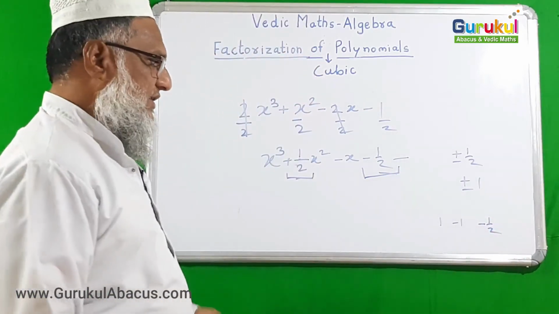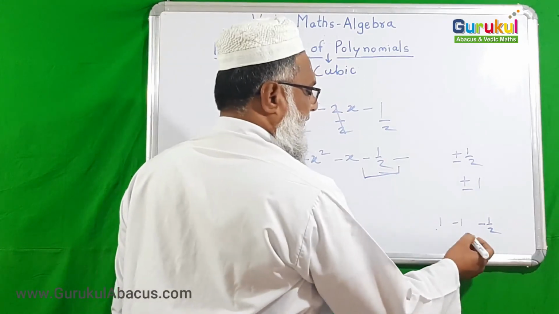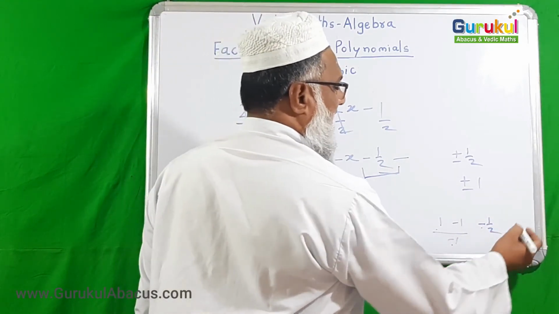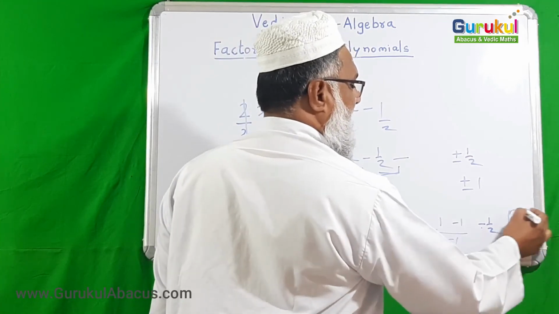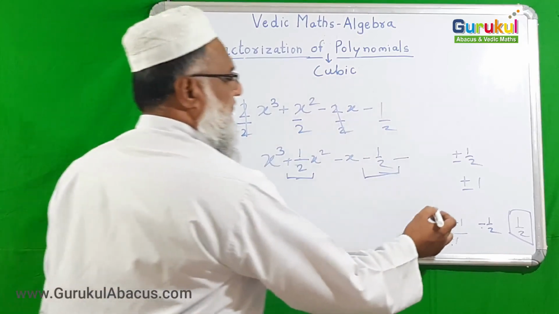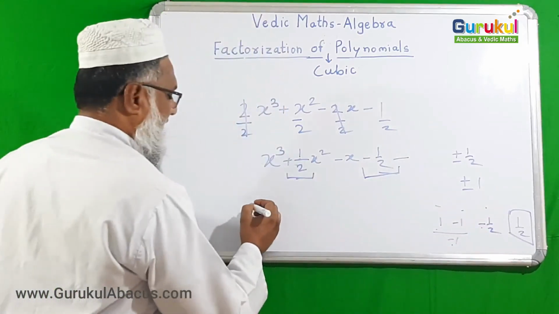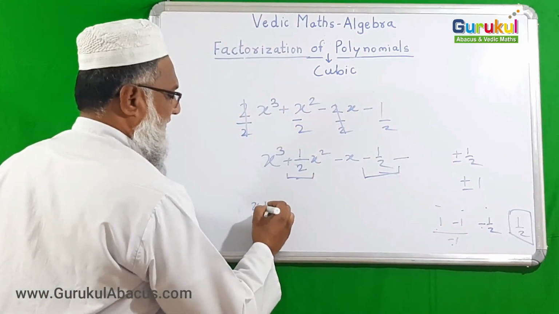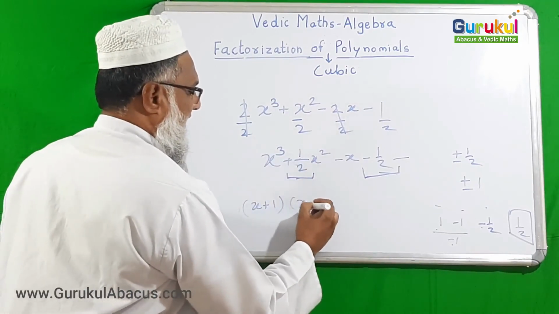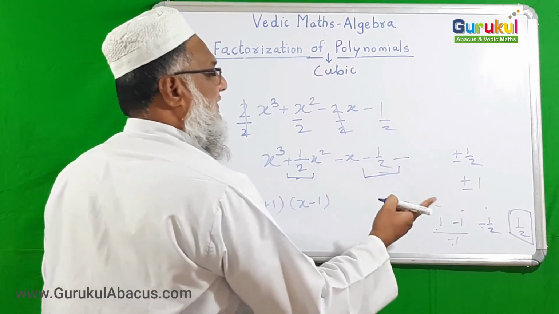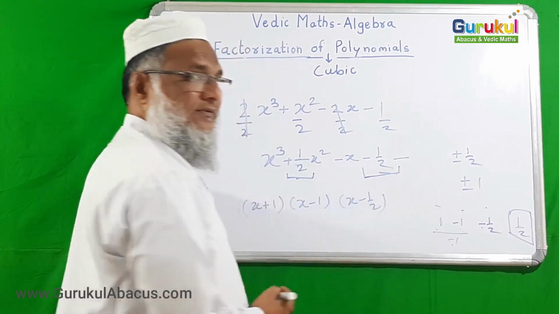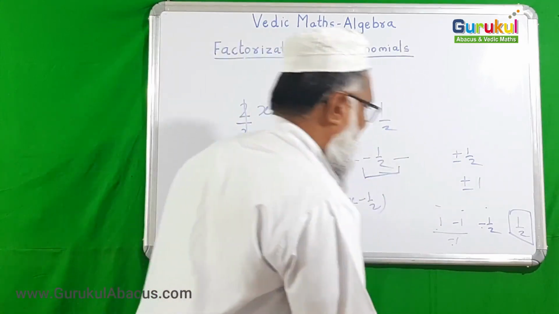In this condition, what would happen? 1 into 1 into minus 1, minus 1 into minus 1.5, the answer would be plus 1.5. So we take our 3 factors, this 1, 2 and 3. The answer is x plus 1, second x minus 1, and the third factor we take is x minus 1.5. So in that way we could solve the example.